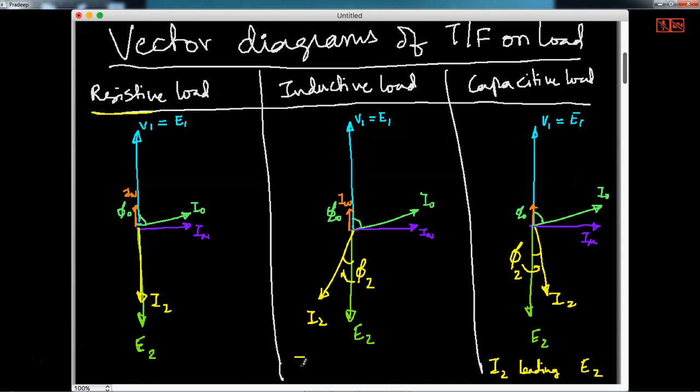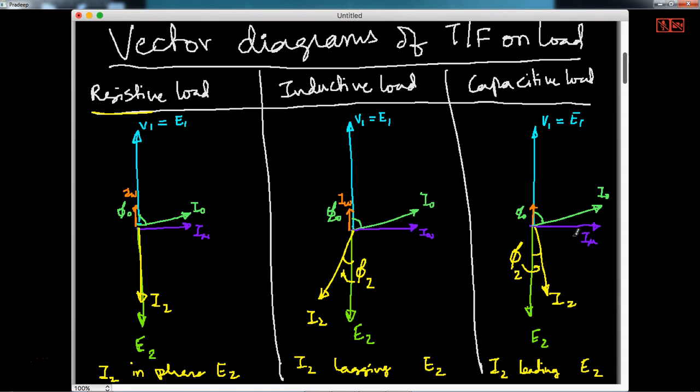Here I2 is lagging E2, and finally here I2 is in phase with E2. So this is the first thing you should understand.